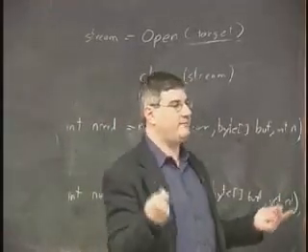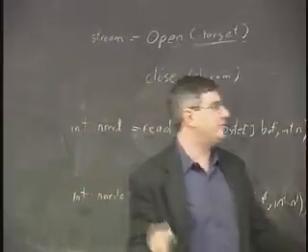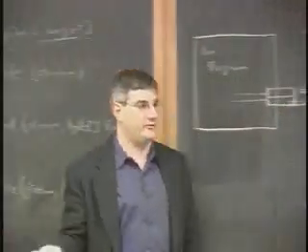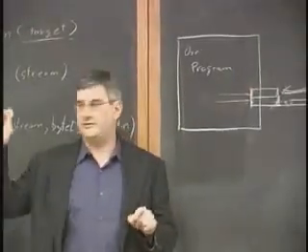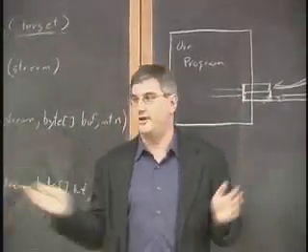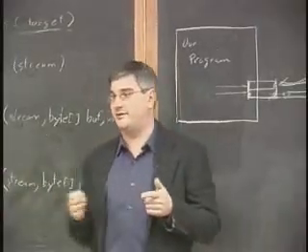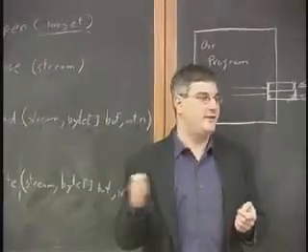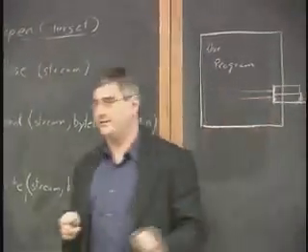Typically, one of the effects of the buffering is that characters will not get from your terminal to the program until you type carriage return. Typically, it doesn't send every character. It'll wait till you send a carriage return, do the buffering, and that lets you do command line editing or input editing, right? If you weren't doing that, then every time you typed a character, even if it was a mistake, it would get sent to your program.